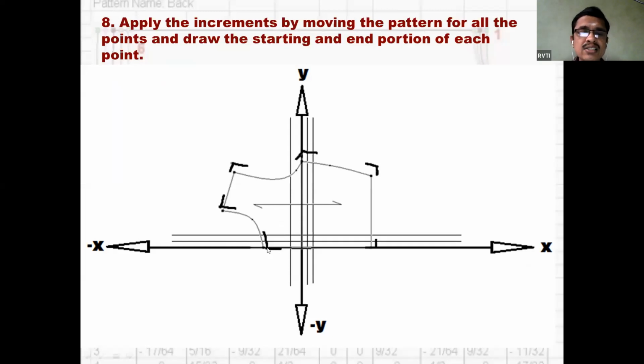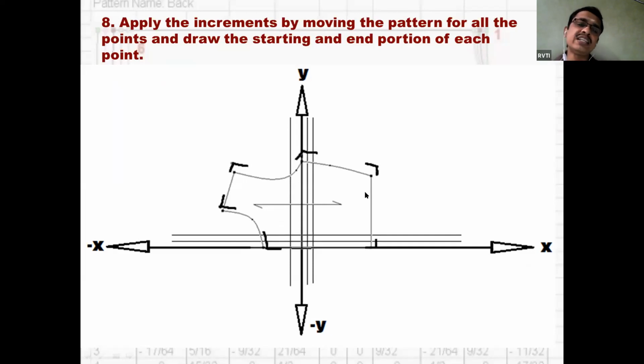Here is part of the center front line and the starting of the neck; here the ending of the neck and starting of the shoulder line; here the ending of the shoulder line and starting of the armhole line; here the ending of the armhole line and starting of the side seam; here the ending of the side seam and the ending of the waistline; and here the starting of the waistline.